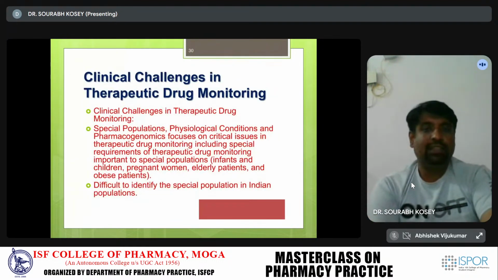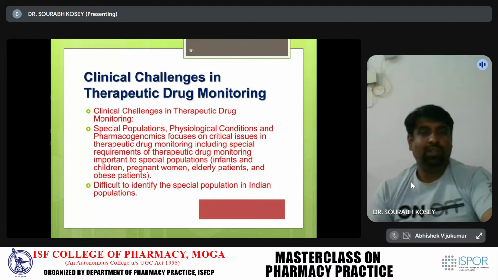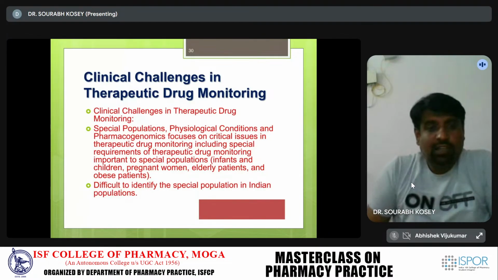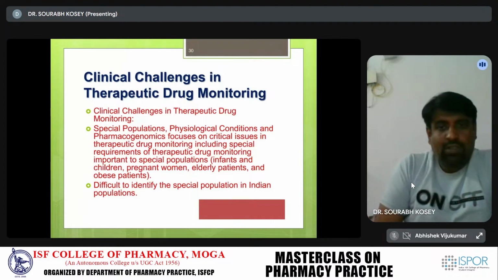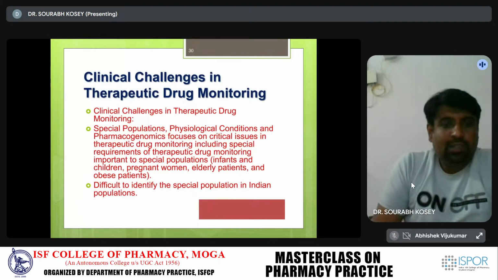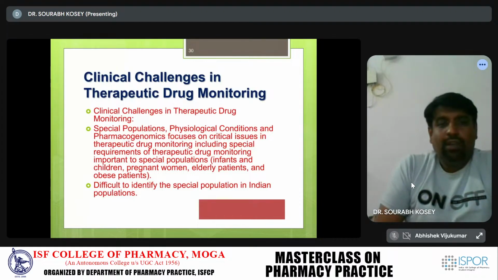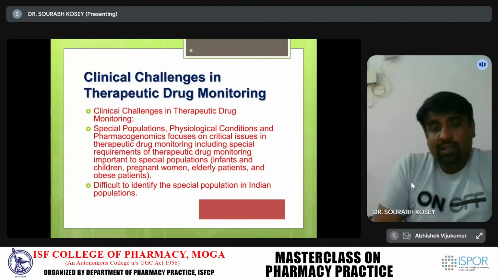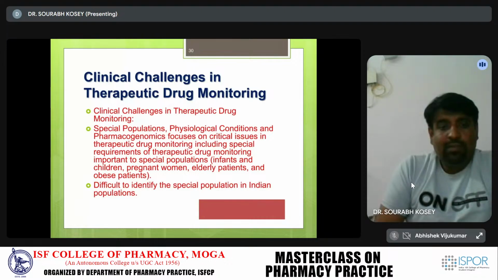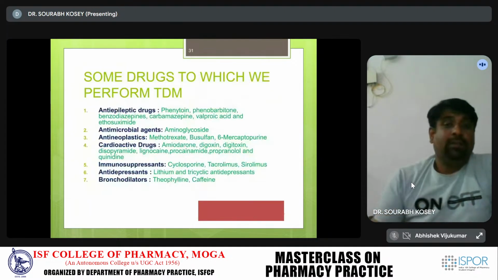Clinical challenges in therapeutic drug monitoring include special populations, physiological conditions, and pharmacogenomics, focusing on critical issues in therapeutic drug monitoring, including special requirements of TDM in infants, children, pregnant women, elderly patients, and obese patients. It is difficult to identify the special population in the Indian population.